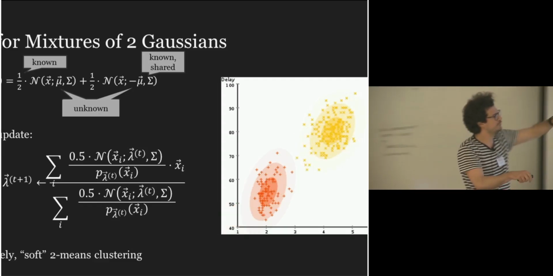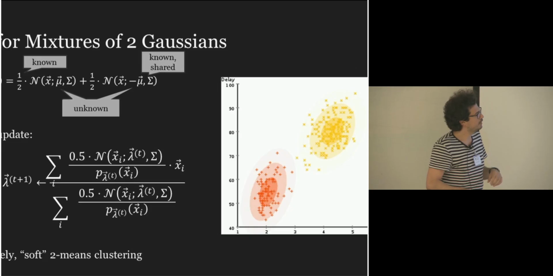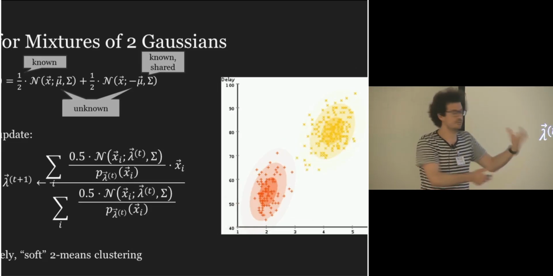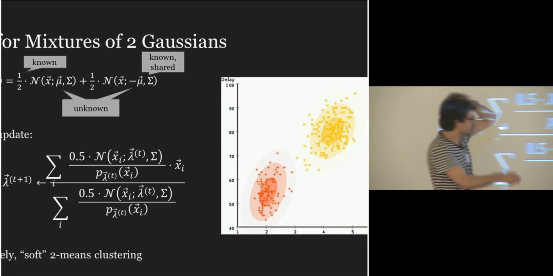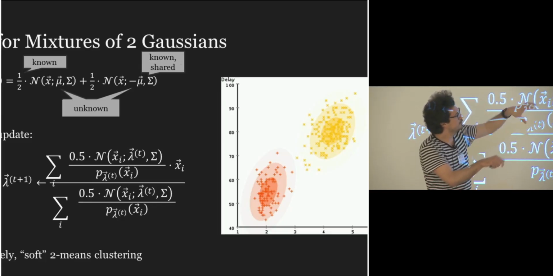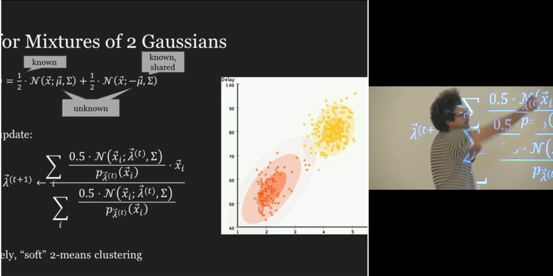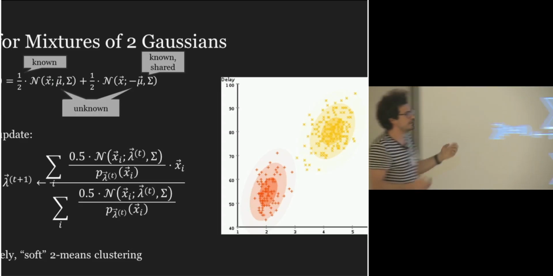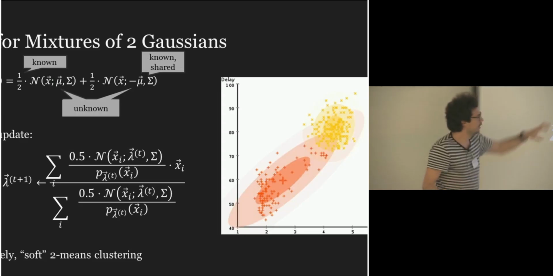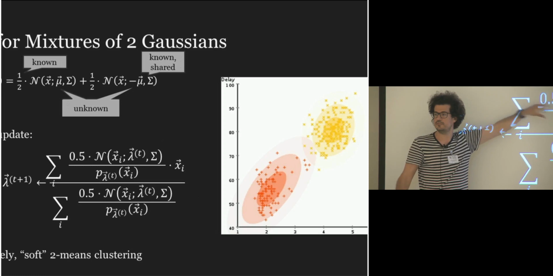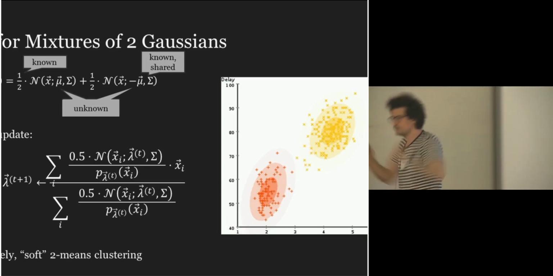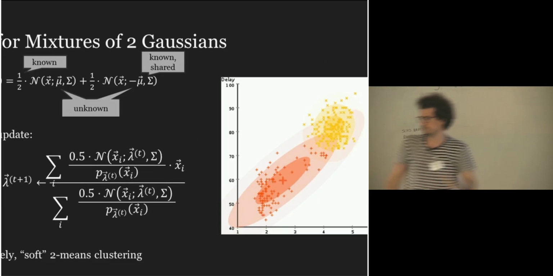So in this picture, I'm showing the two-means, which is the hard version. In this simulation, my points are hard assigned to one of the two cluster centers. What EM does is a soft assignment according to the current beliefs that each sample came from the two cluster centers. And you update the cluster centers.